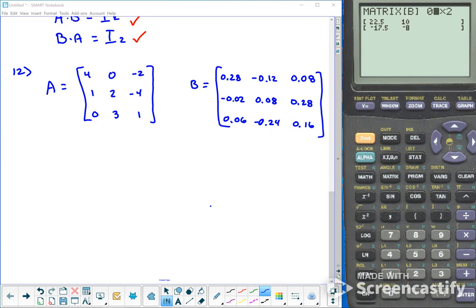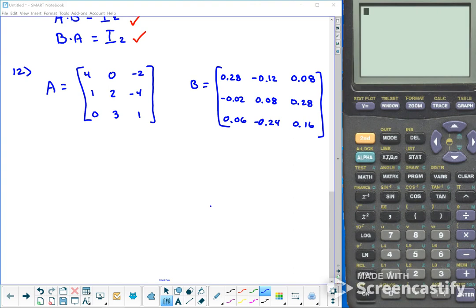This is a 3 by 3. 0.28, negative 0.12, 0.08, negative 0.02, 0.08, 0.28, 0.06, negative 0.24, 0.16.